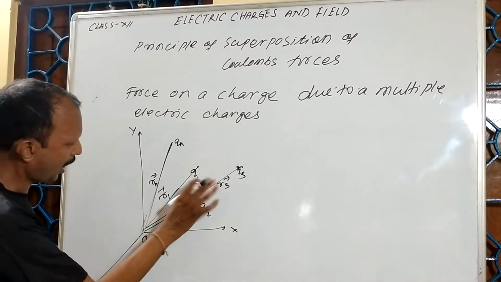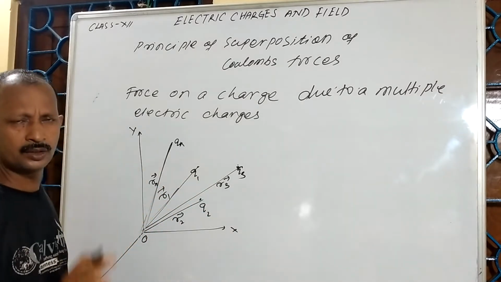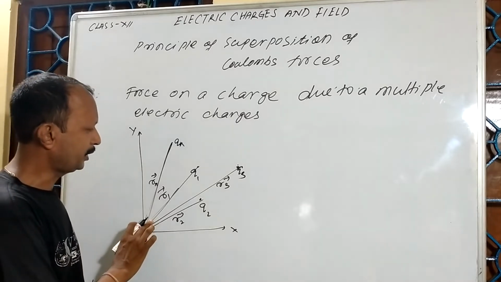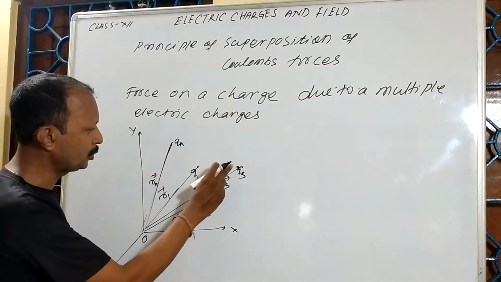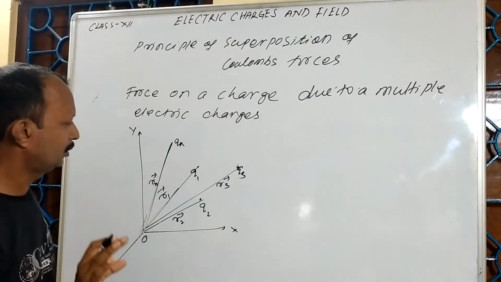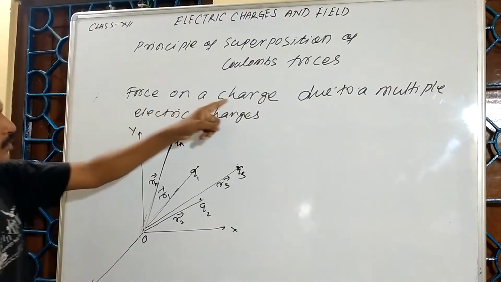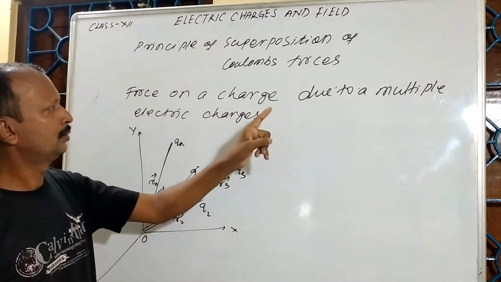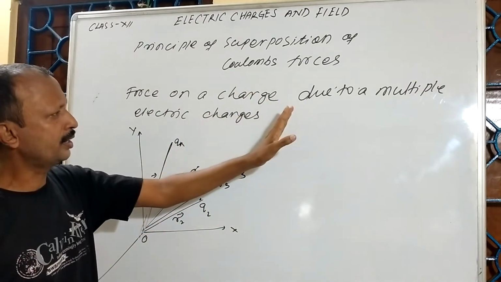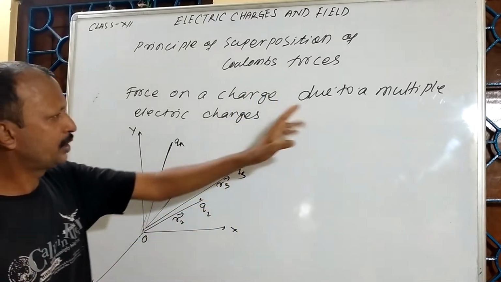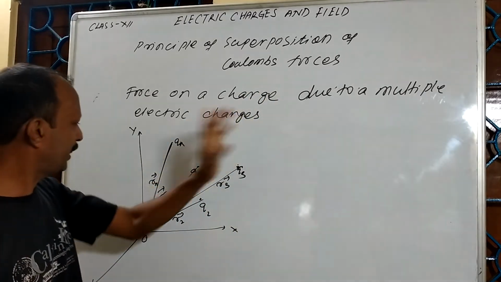R1, R2, R3, Rn are the position vectors of the charged particles Q1, Q2, Q3, Q4 like that. Okay? Now, I have to calculate the force on a point charge due to multiple electric charges.